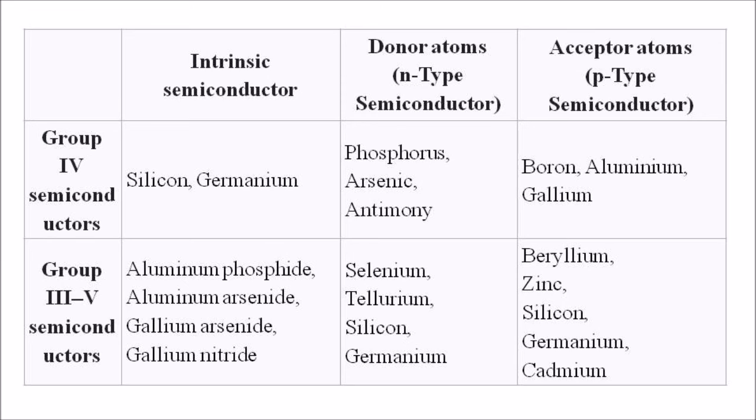But if we want to convert this to p-type semiconductor, we should add acceptor atoms like beryllium, zinc, silicon, germanium or cadmium. So this shows how an intrinsic semiconductor can be converted into an extrinsic semiconductor.